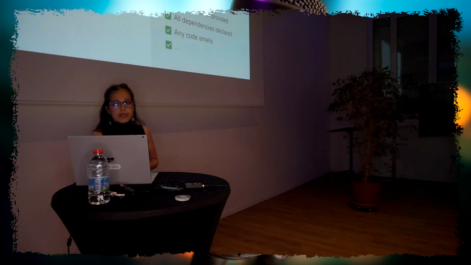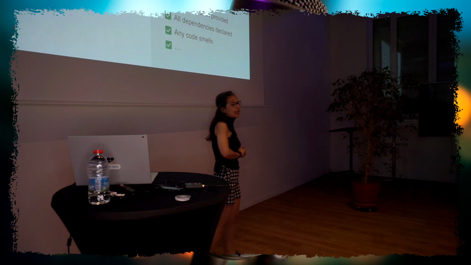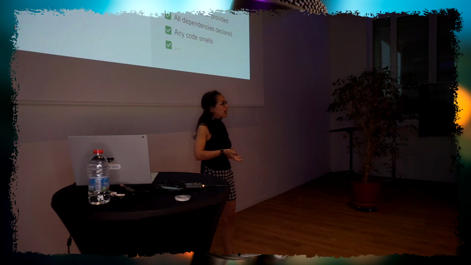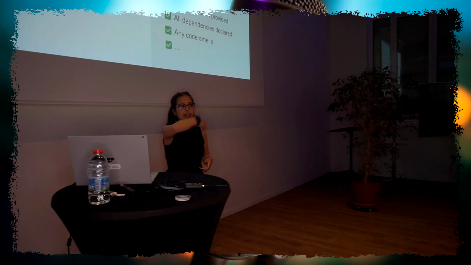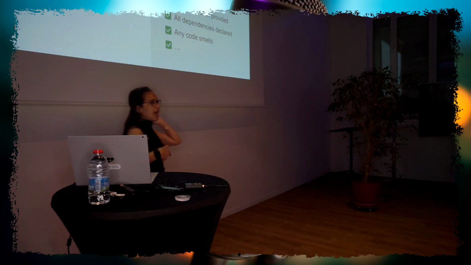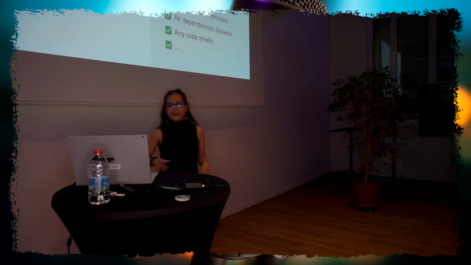I should make sure that there is no redundancy. I should make sure that all the dependencies for the new code added are provided, and so on. As you can see, the list can get longer, and I re-insist on the fact that there is no one-fits-all pull request checklist. This can be adapted.